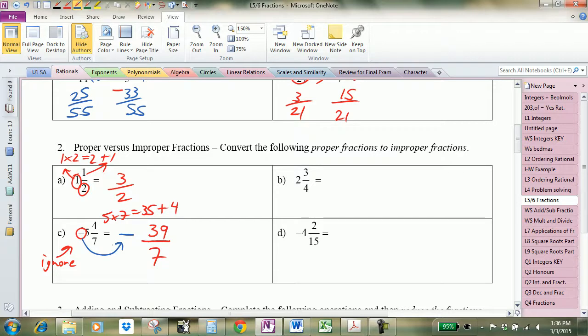B will be 2 times 4, which equals 8, plus the 3, 11 over 4. Here, it's 4 times 15. It must be positive, so you get positive 60, plus the 2. So you get 62 over 15, and then you just take your negative sign and put it forward, so it's negative 62 over 15. Do not involve your negative sign in any conversions.